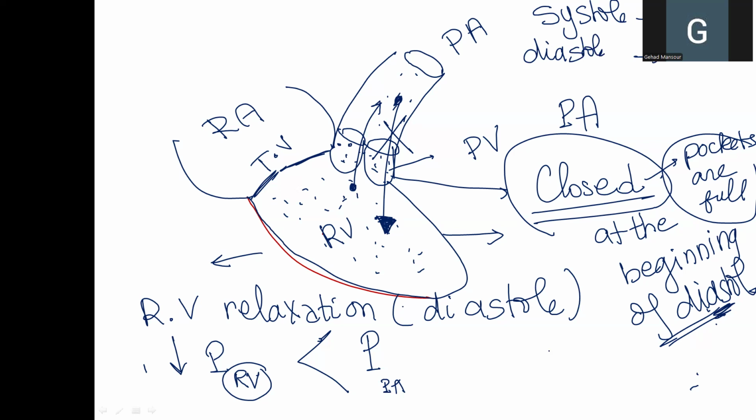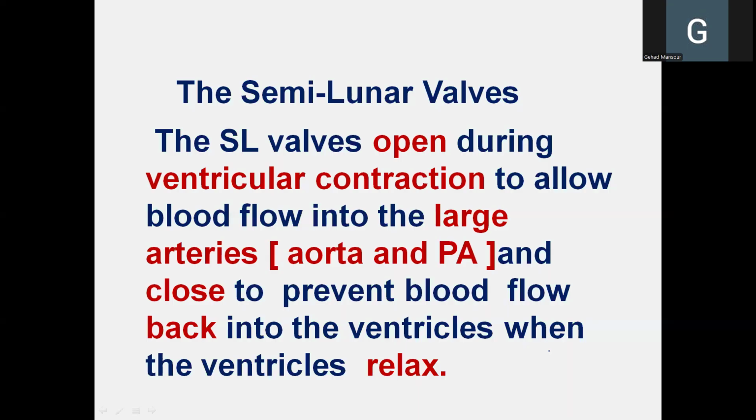All that we have said about the pulmonary artery, the right ventricle, and the pulmonary valve applies exactly to the aortic valve, but the only difference is in the quality of blood that passes through the valve.